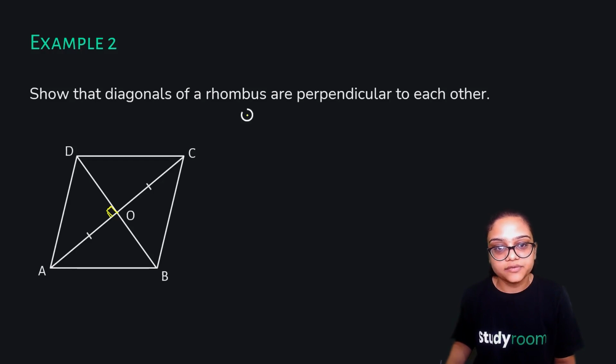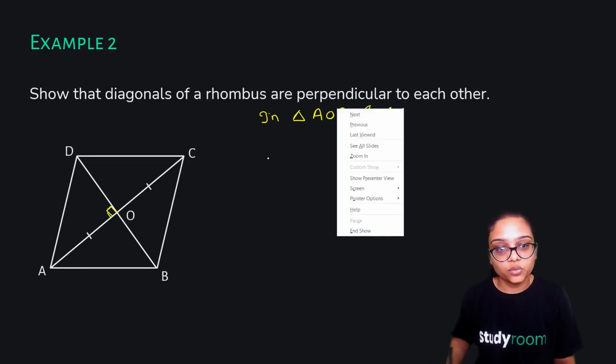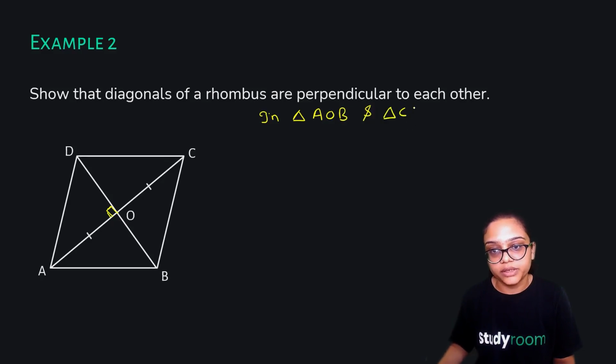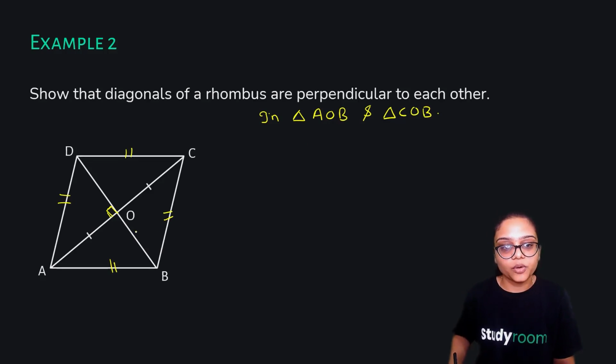Now see what I am going to do here. I'll write triangle AOB and triangle COB. What are the properties of a rhombus? The sides are equal, so this is also equal.